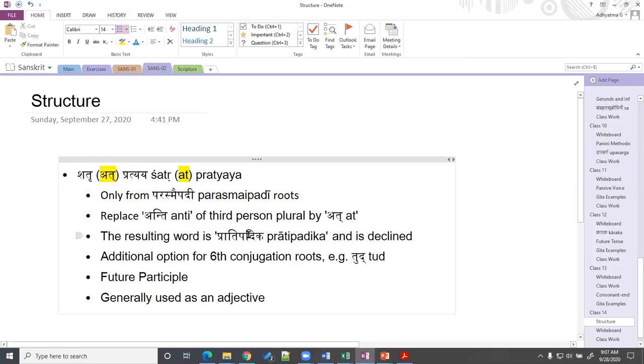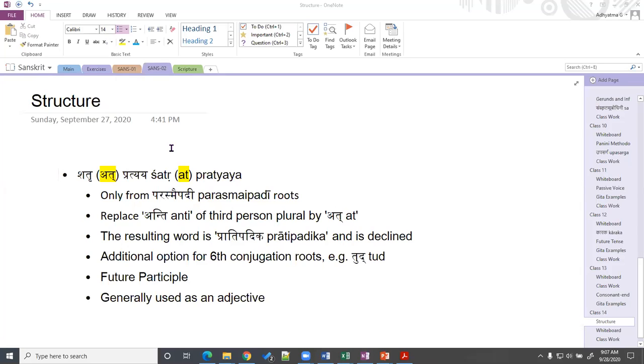The way you make the form of this suffix is by adding the at instead of anti. So third person plural of a word.